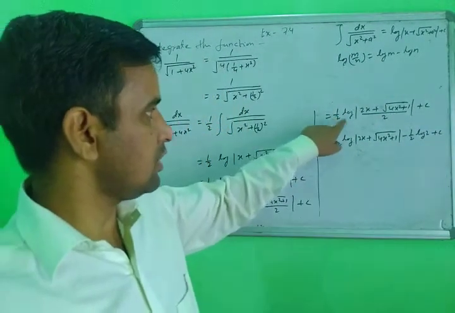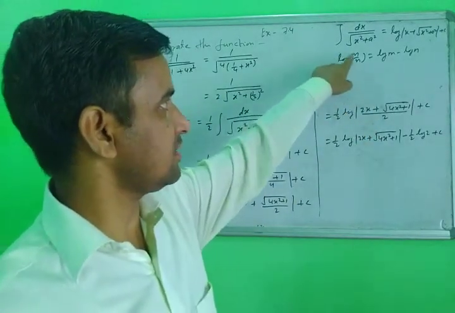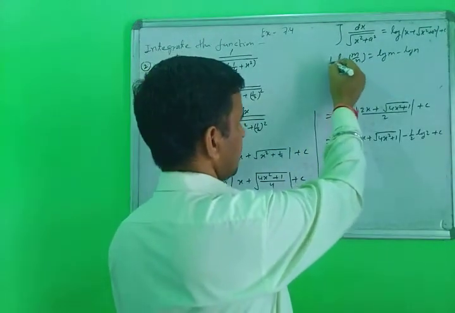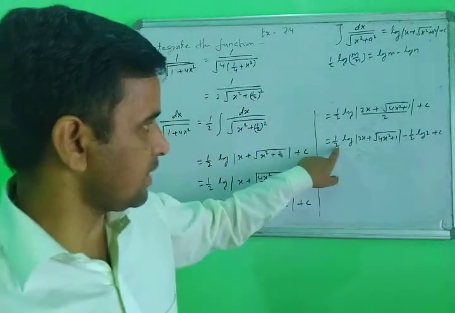This 1 by 2 includes this 2. Suppose you are multiplying any number here, then both terms get multiplied, so 1 by 2 is here for both.